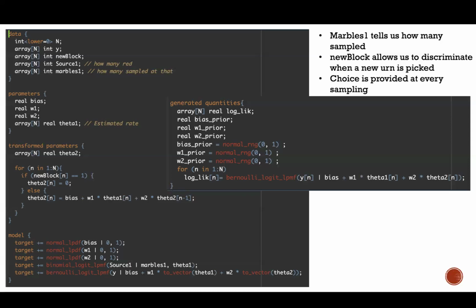Then in the model, we have priors for bias, priors for W1, priors for W2. We have our estimation of theta 1 from source 1 and marbles. And then we have that our choice of red or green is given by bias plus weight 1 times vector theta 1 plus W2 times vector theta 2.